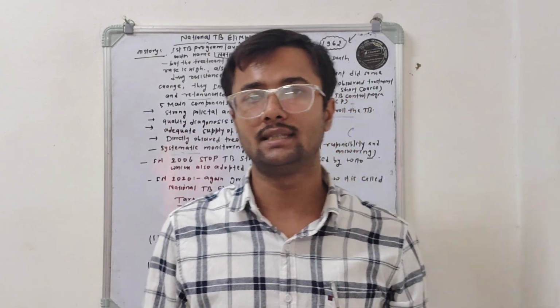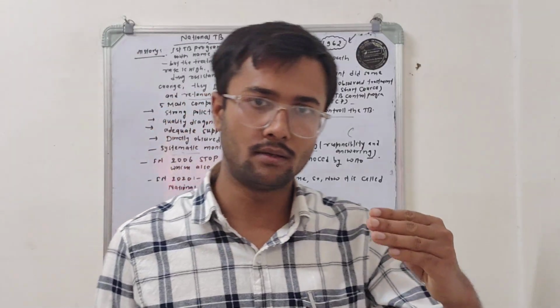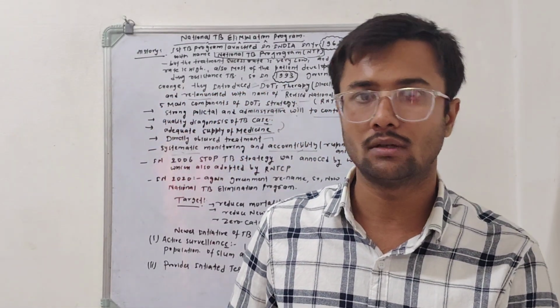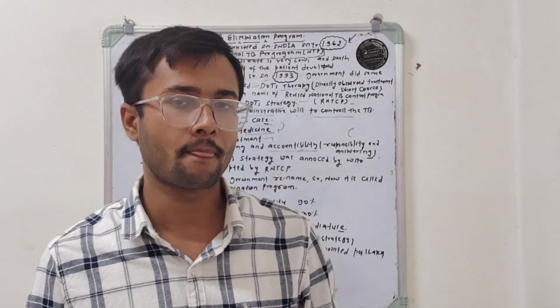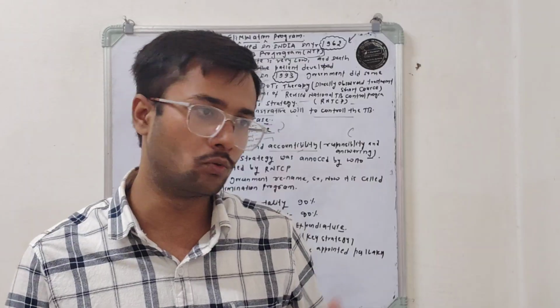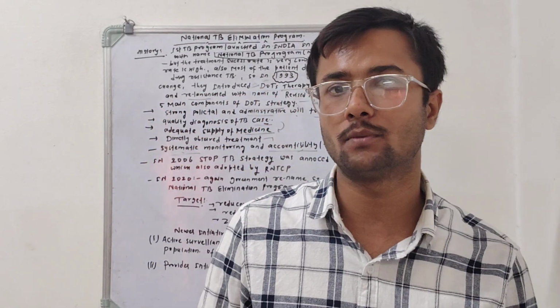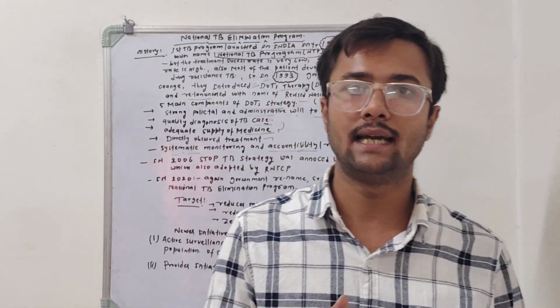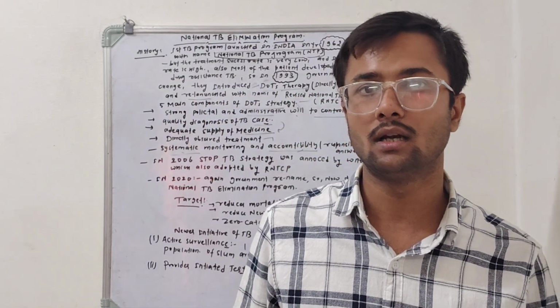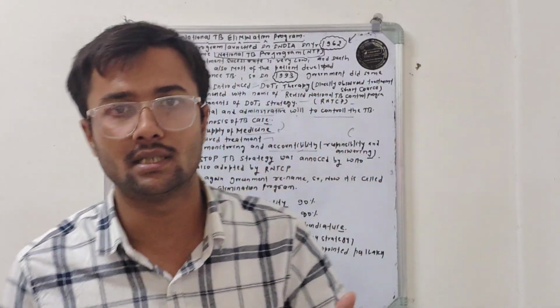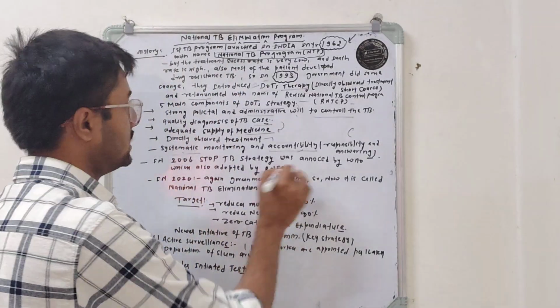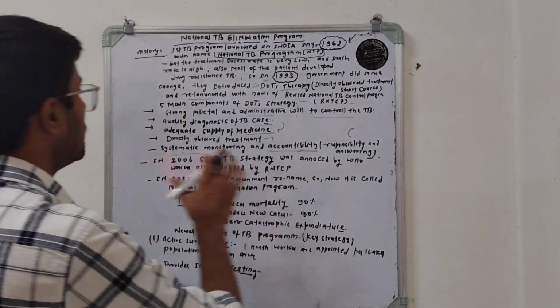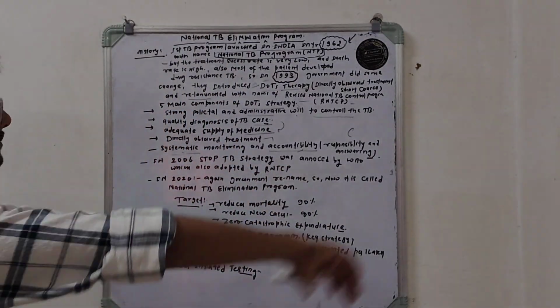The fourth is that the patient takes medicine in the presence of a healthcare worker. And the last is that whoever takes responsibility for this program must answer any issue faced during the program. These are the 5 components of the DOTS strategy.